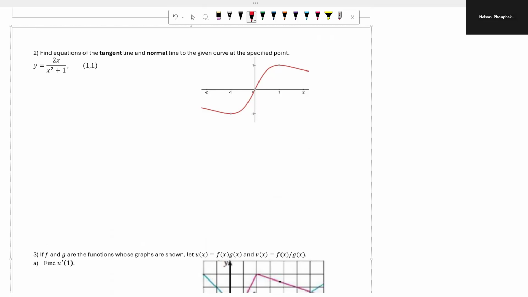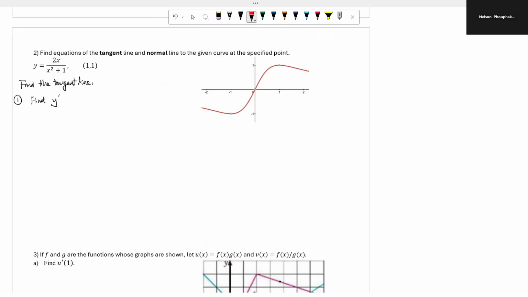Let us review. If I want to find the tangent line, remember the first step is I would like to take the derivative of the function. So first I would like to find y prime.